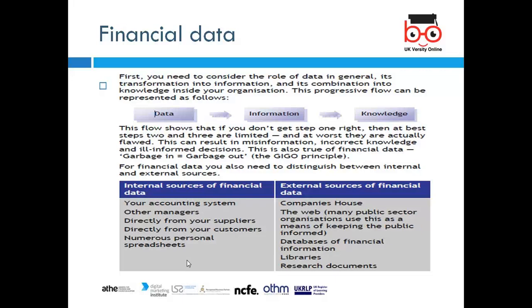Anything we get directly from suppliers, from customers, various spreadsheets or reports which we generate, those provide the data. External sources of data: Companies House, the website where companies are registered. They have to publish reports, and we can get a lot of information about companies from Companies House. Databases provide financial libraries and research documents.